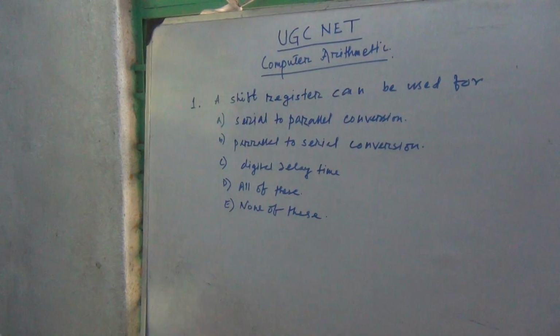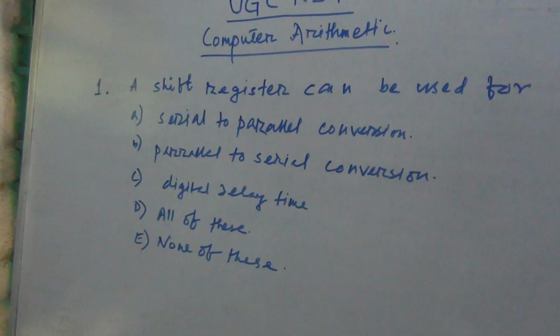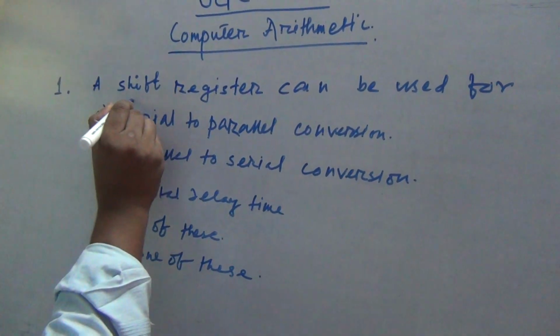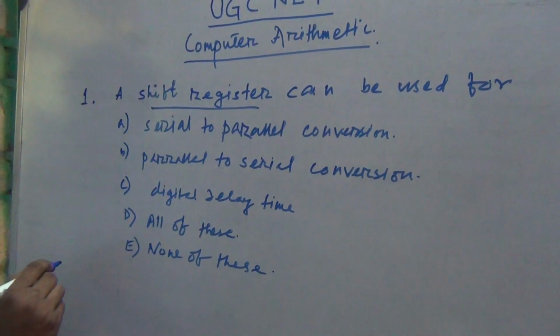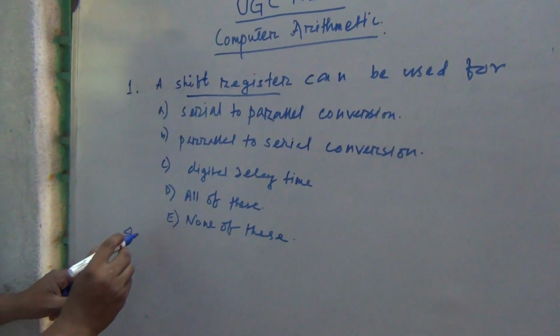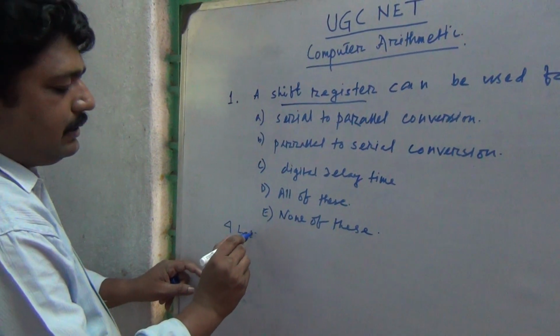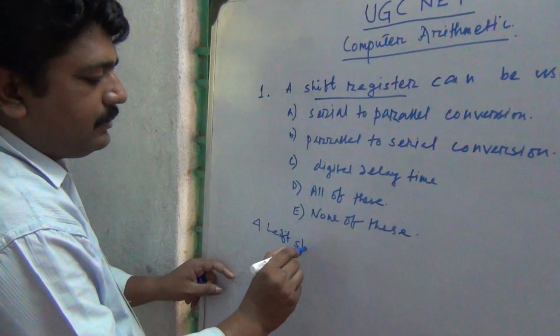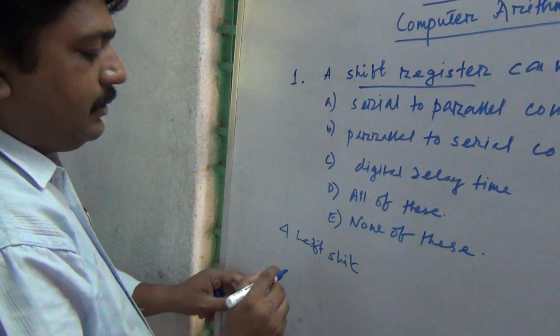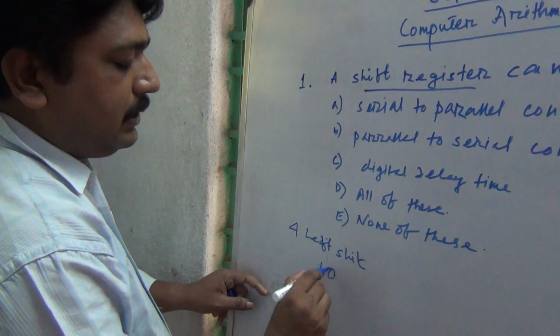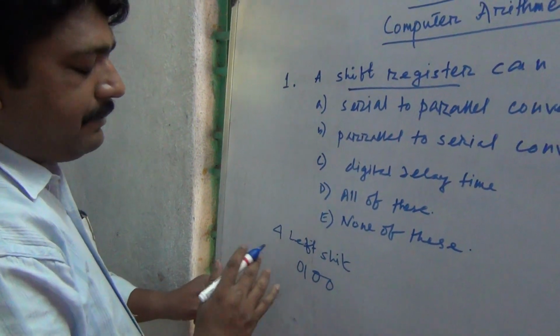To discuss this question, I have to focus on what a shift register is. A shift register, what does it do? If it is 4 and left shift, then 1 0 0 0, it's a left shift.